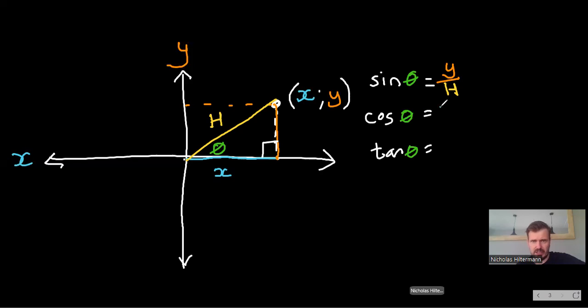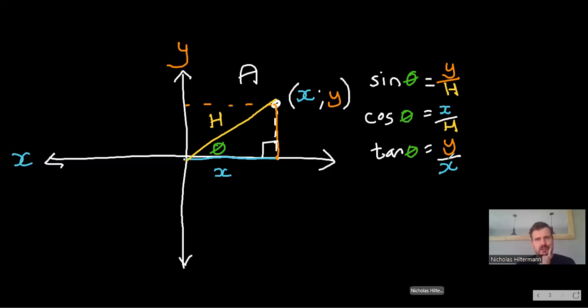Cos is adjacent, so that's X over H. Now what I'm noticing in this first quadrant, in our CAST diagram, this is always the A. Well, we can see it because all are positive. SOH CAH TOA, so opposite is Y, and adjacent is X.